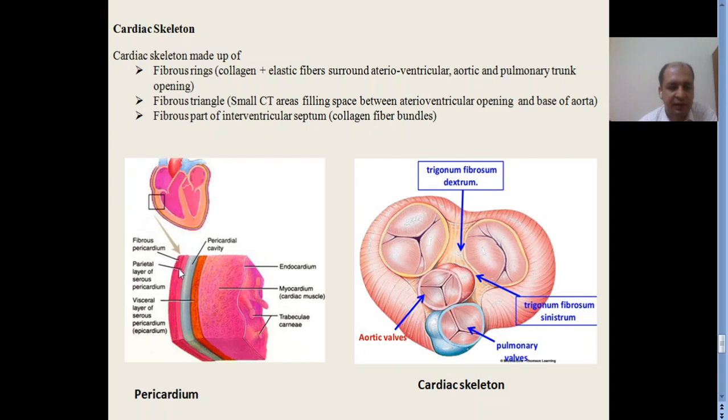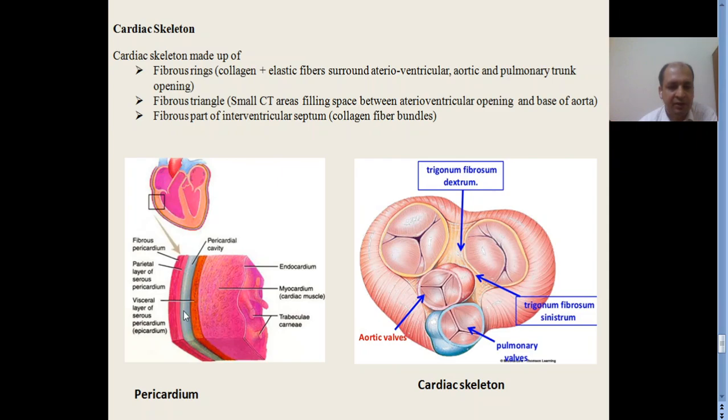And if we remove this layer, the parietal pericardium is also removed along with this fibrous pericardium, while the only layer, the visceral pericardium, lies on the muscular part of the heart, and that is a glistening type of membrane, and that is called the visceral pericardium, and it is also called epicardium.